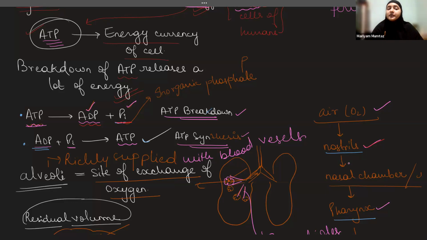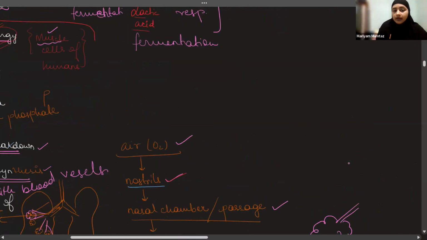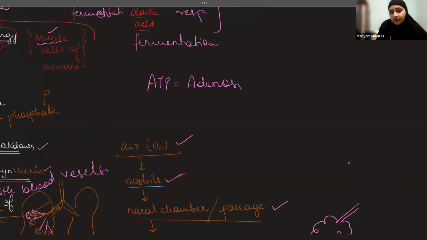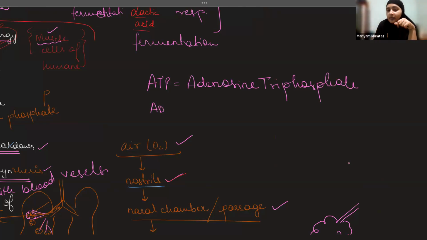First of all, do you remember the full form of ATP? Yes. What is it? Adenosine triphosphate. Very good. That is ATP. Now, when you remove one phosphate from it, it becomes ADP, that is adenosine diphosphate.